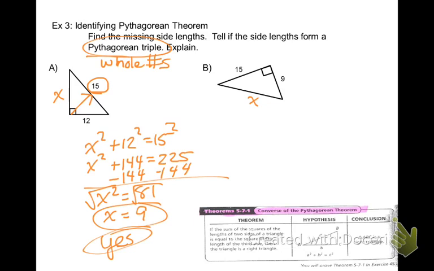Let's see if B is a Pythagorean triple. This time your x squared is with the c squared.